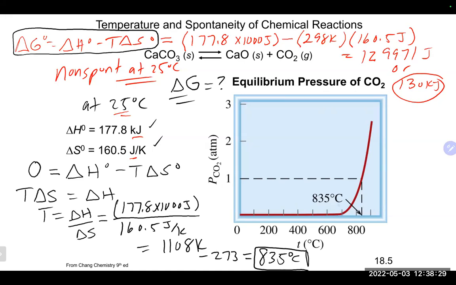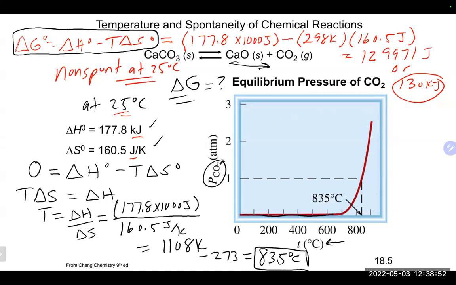And that's what we actually see here if we look at this graph. This graph is the pressure of CO2 versus temperature in Celsius. And we can pretty much see that we have no pressure for CO2, which basically means that this reaction is not going this way. The only way we could get pressure is to actually make some products, right? Because the CO2 is on the product side.